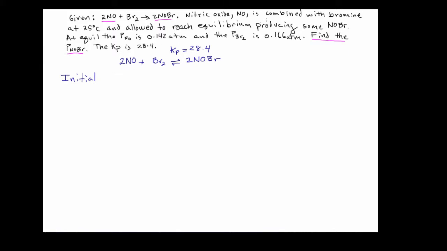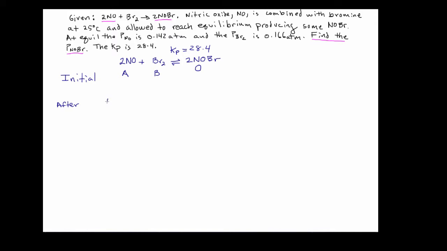And before any reaction, even though it's not stated in this problem, we had some initial partial pressure of NO, which I'm just going to call A. And we would have had a partial pressure of Br2, which I'm going to call B. And prior to any chemical reaction, there was no NOBr, so we'll put a 0 there for that. Now, in the process of coming to equilibrium, and normally the way I list that in my ICE table, in my box, is by just using the word after.